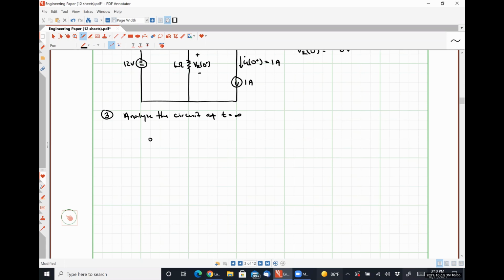So if we analyze the circuit at t equals infinity, recall that we are at DC steady state conditions again, which means that our inductor is now behaving as if it were a short circuit.